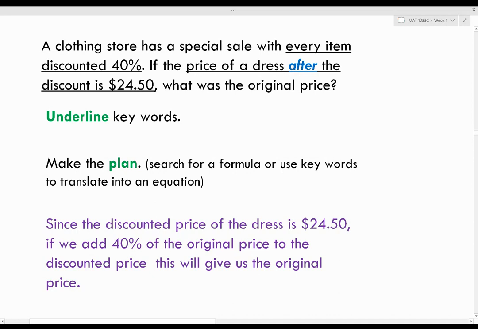So we know how much the dress has been discounted, and we also know the price after the discount was applied. Now we're going to try to make a plan. Since the discounted price of the dress is $24.50, if we add 40% of the original price to the discounted price, this will give us the original price.